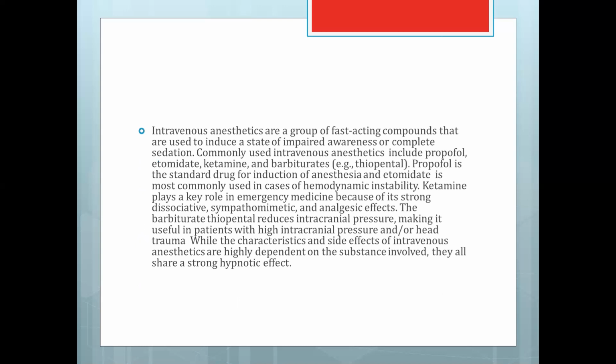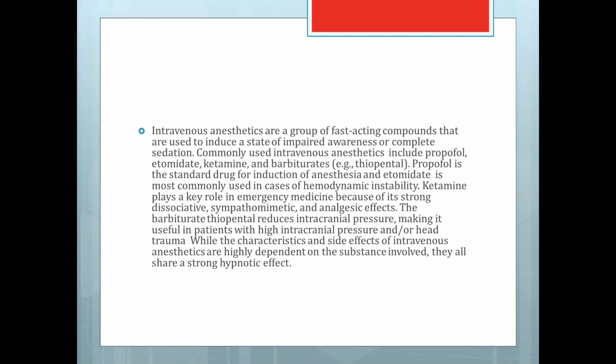In summary, intravenous anesthetics are a group of fast-acting compounds that are used to induce a state of impaired awareness or complete sedation. The commonly used intravenous anesthetics include propofol, etomidate, ketamine, and the barbiturate thiopentone. Propofol is the standard drug for induction of anesthesia, and etomidate is most commonly used in cases of hemodynamic instability.